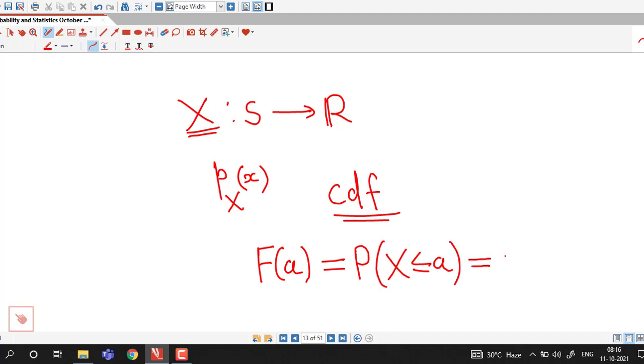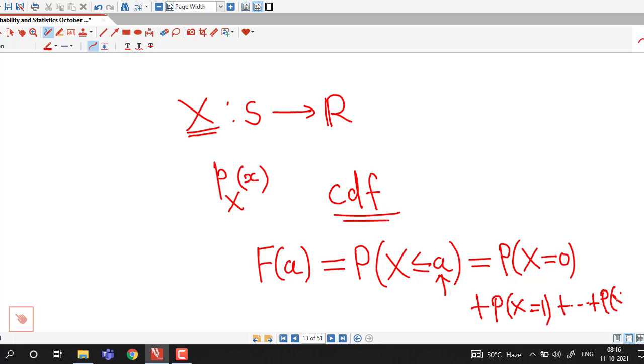That means we have to sum these probabilities starting from the least value of X to this value. Suppose the starting value is 0, then we have to add up to the probability that X equals a.